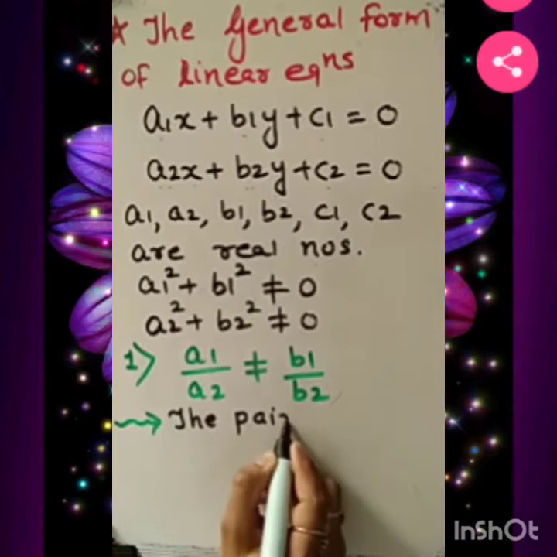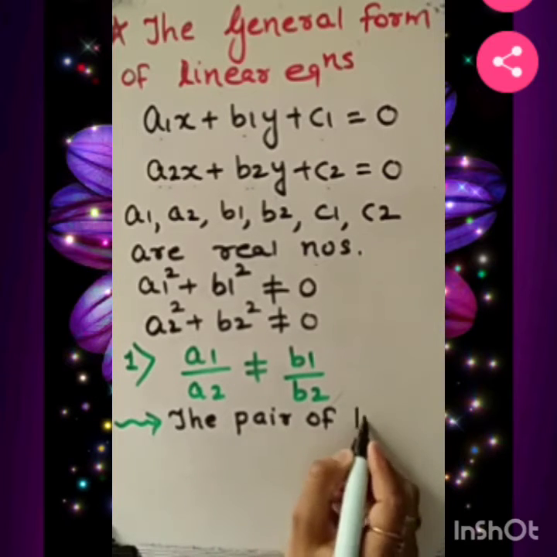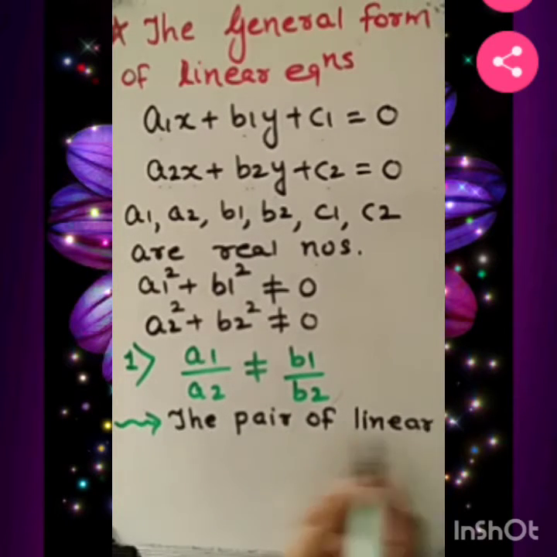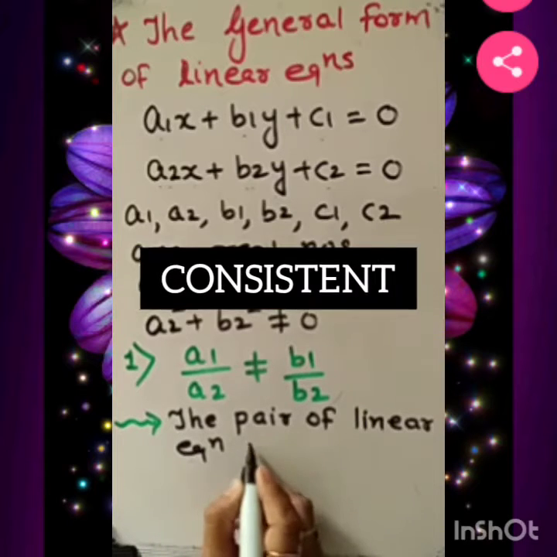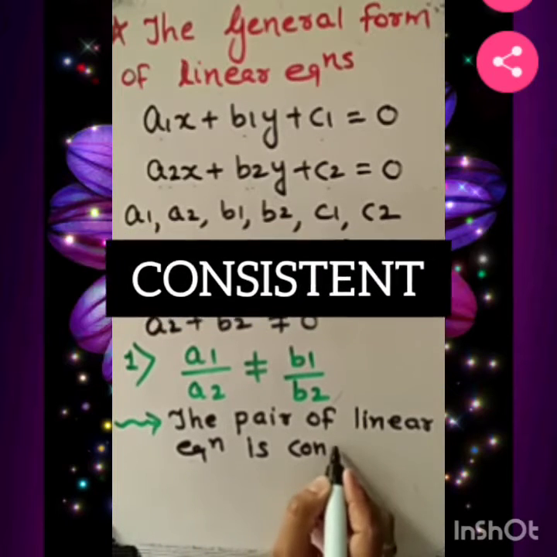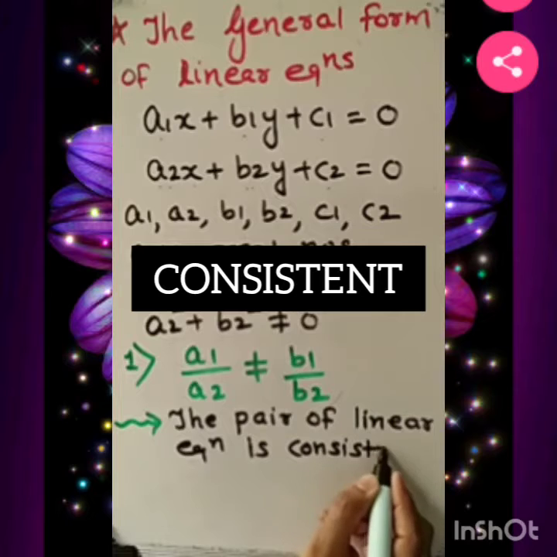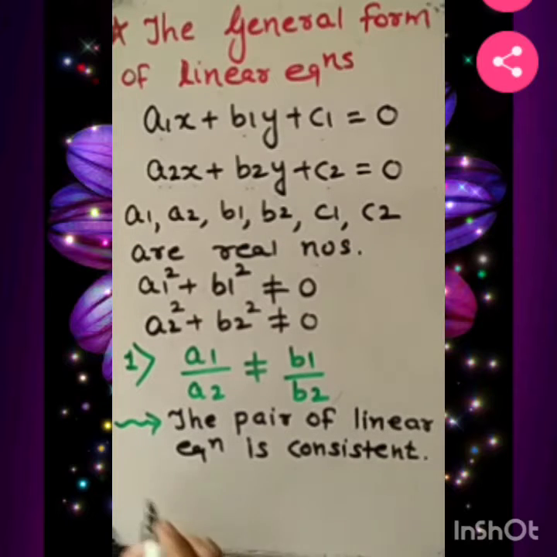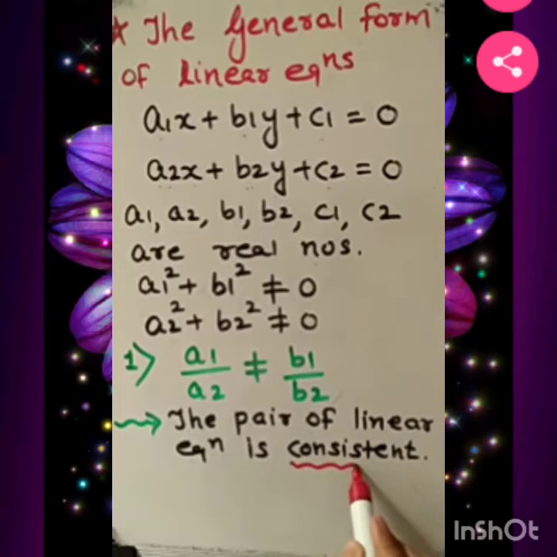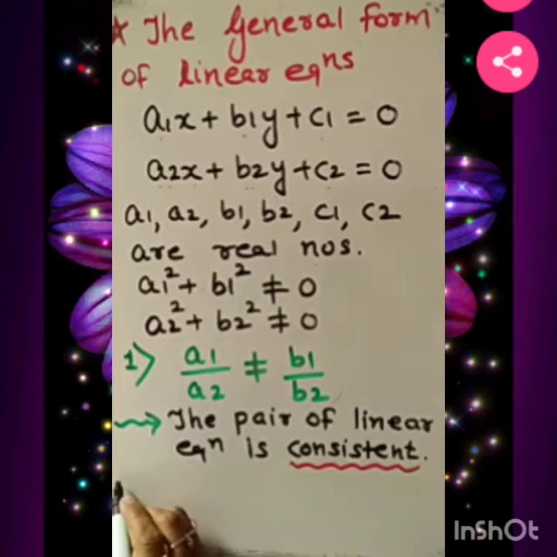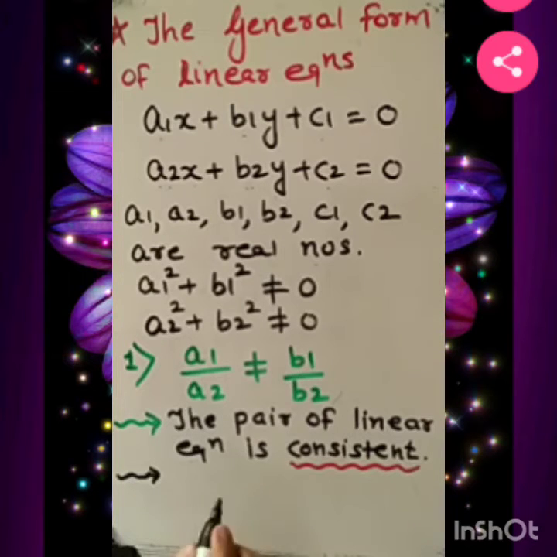If they are linear equation, the pair is consistent. Keep this in mind, this word consistent. Now what is the meaning of consistent? Let's understand through this. Okay, consistent word indicates that the equation is having unique solution.